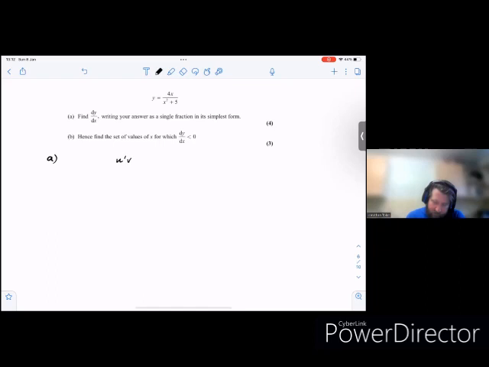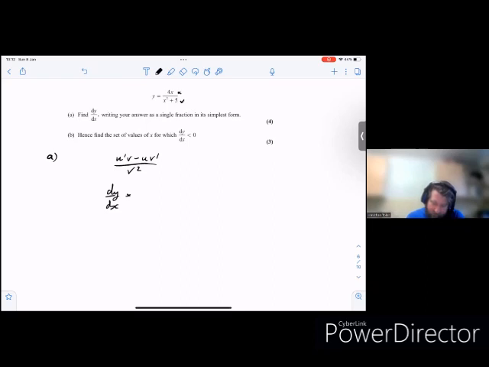So it'll be u dash v minus u v dash all over v squared. So dy by dx. u is the top of the fraction, v is the bottom. So we get u dash, which is 4 times v, minus u v dash, all over v squared.